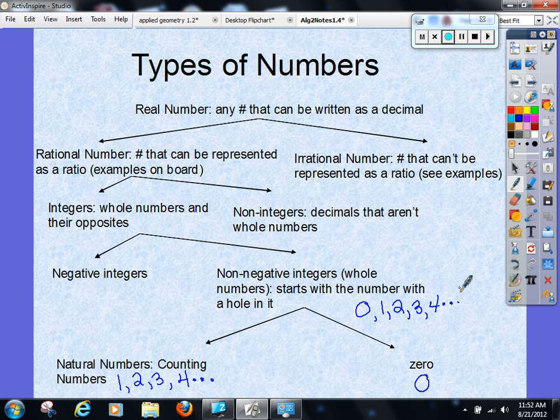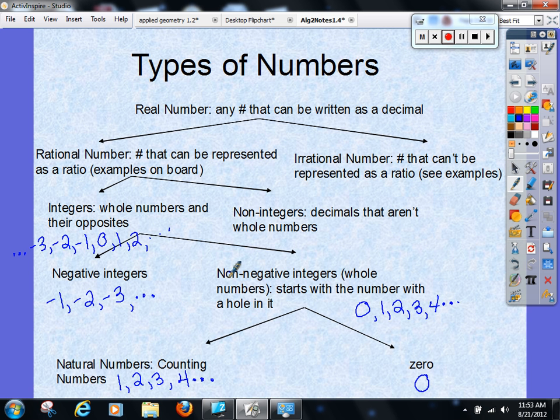When you were in middle school, we talk a lot about integers, and the integers are your whole numbers with the negative integers. Your negative integers are your negative counting numbers. When you put those together, you have all of your integers. They go on forever in both directions, and we have -3, -2, -1, 0, 1, 2, and so on.